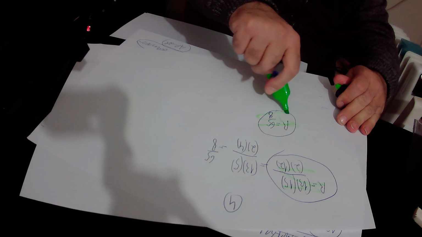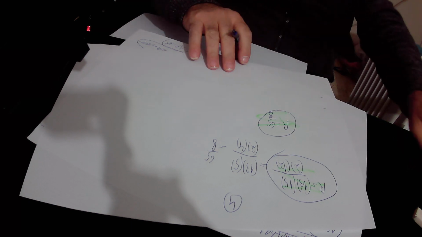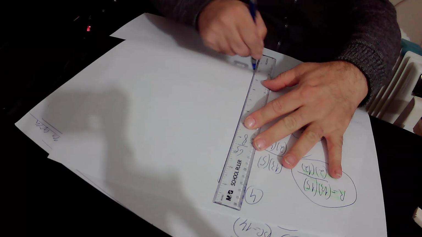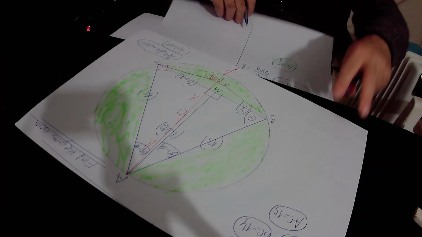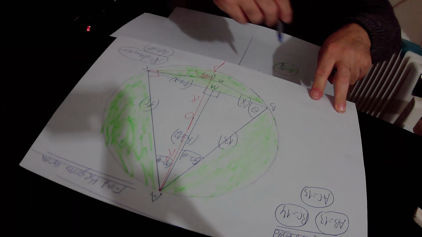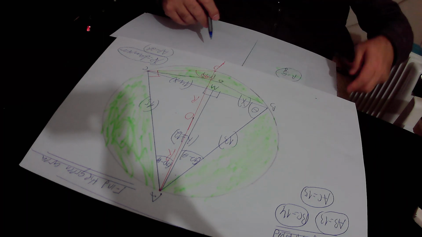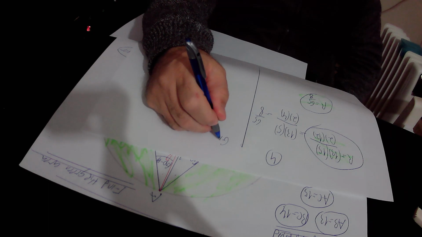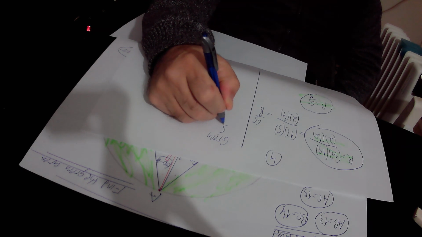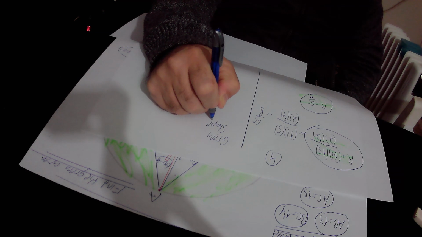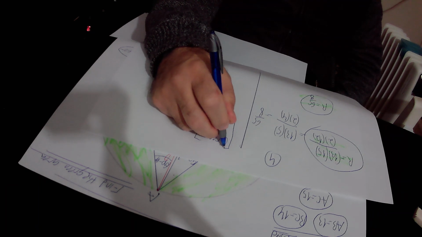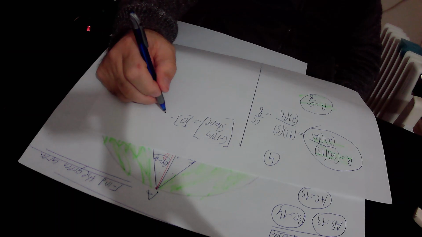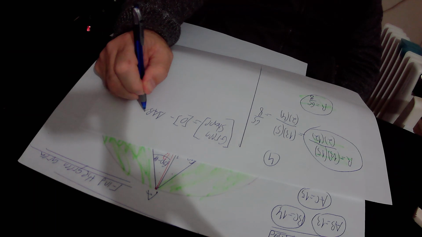And the area of the green shape equals the area of the circle minus the area of triangle ABC. So I write it again. The area of the green shape in total is equal to the area of the circle minus the area of triangle ABC.